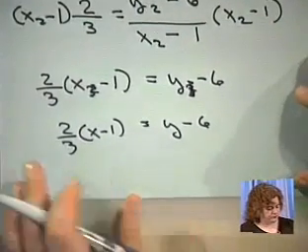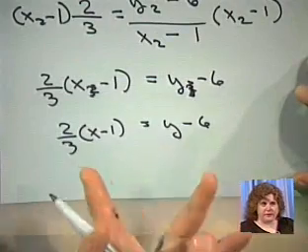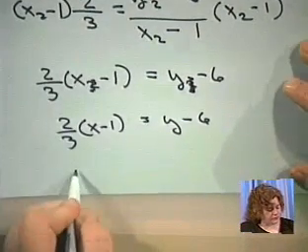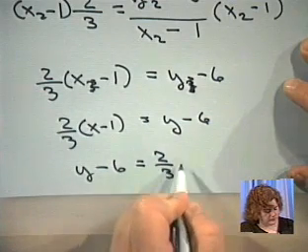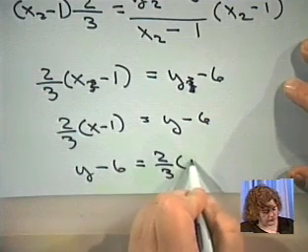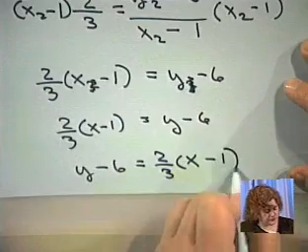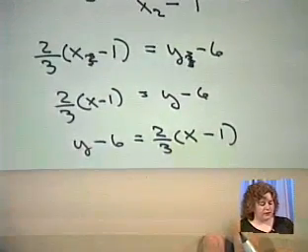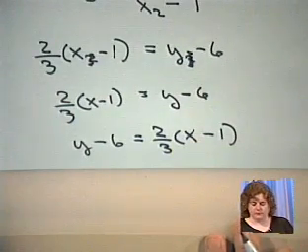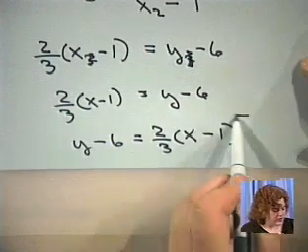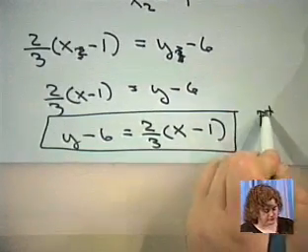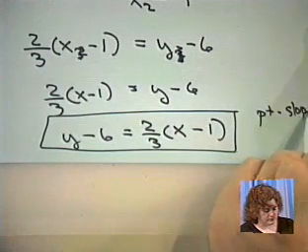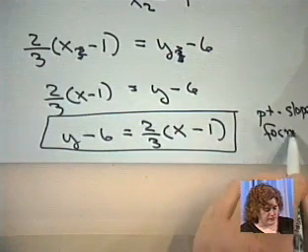This is beginning to look a little bit like that pattern that I showed you a couple minutes ago. Let's just flip the equation over so that the y is on the left. We're just writing it in the other direction, has the same meaning. We have y minus 6 equals 2/3 times x minus 1. This is an equation for that line in point-slope form, or in the pattern.